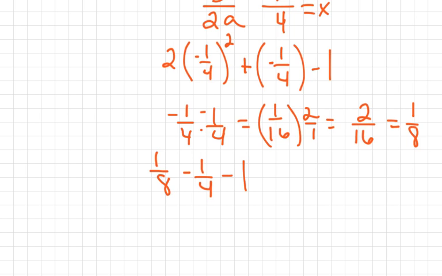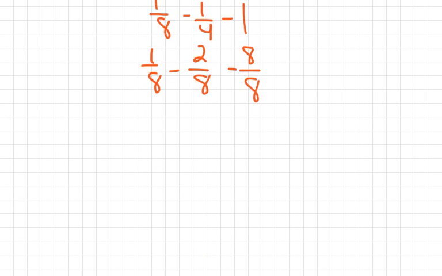So some fractions going on here. If it's not obvious, sometimes you have to find a common denominator and add or subtract. So 1/4, what does that become in terms of 8? That's just 2/8. And 1, as we all know, can be written as 8 over 8. So what does that equal now?